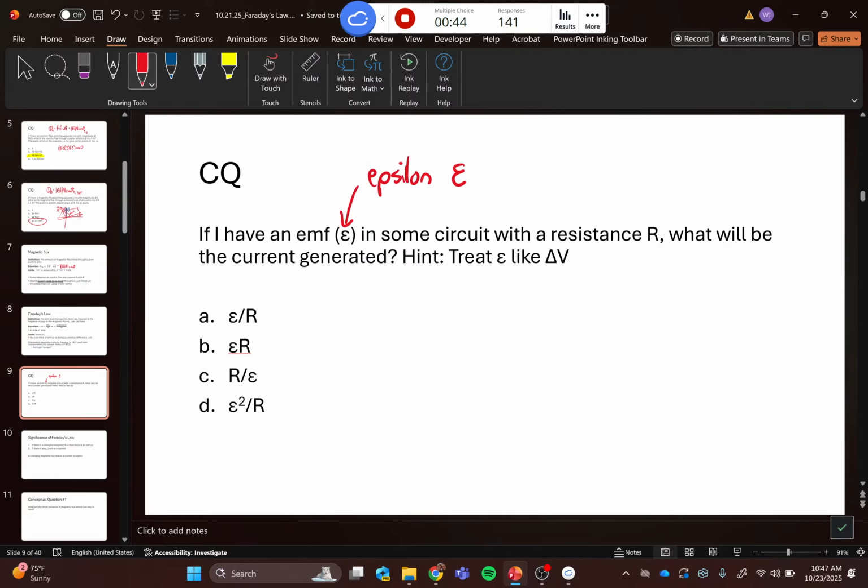Faraday's law is not needed here. This is using an equation that you've learned in the past.